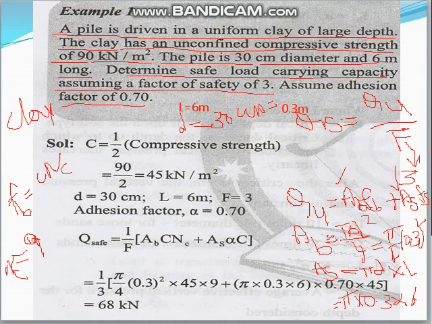Coming to C, C is the cohesion of the soil at the pile tip, which is taken as the shear strength of the soil at the pile tip, which is half of the compressive strength. So this cohesion is 45 kilonewtons per square meter, taken as half of the compressive strength.